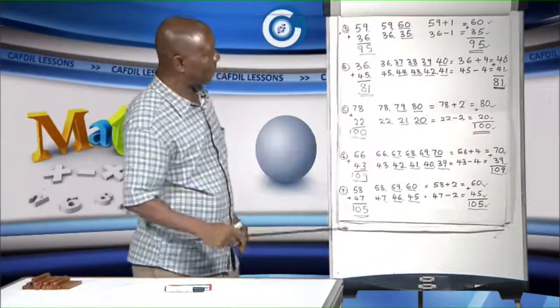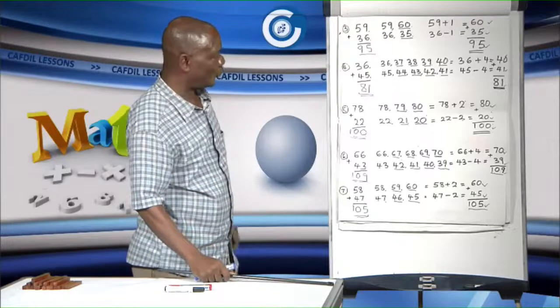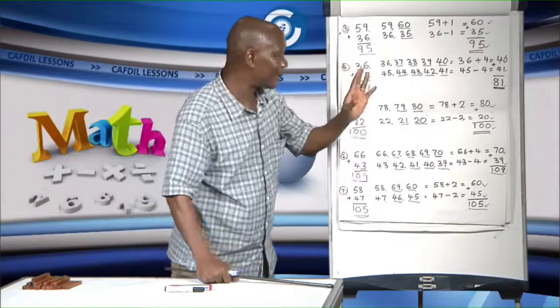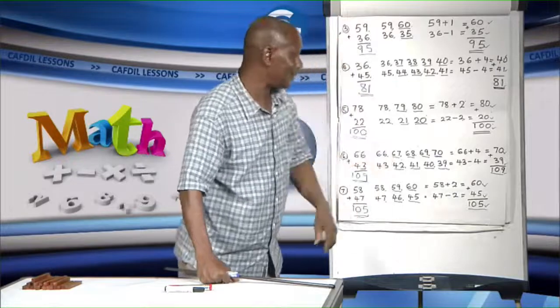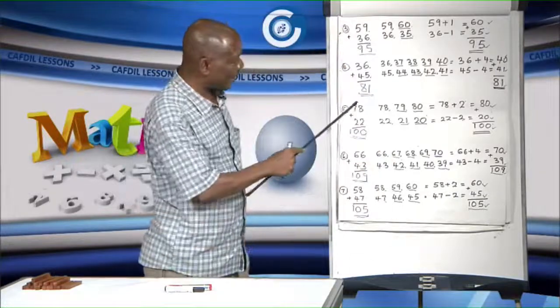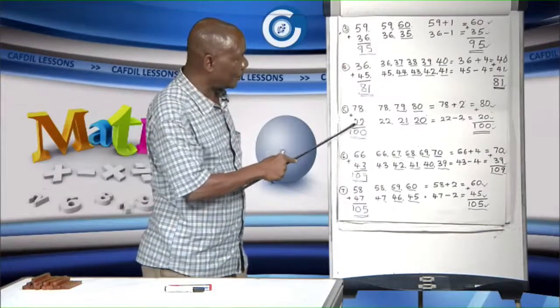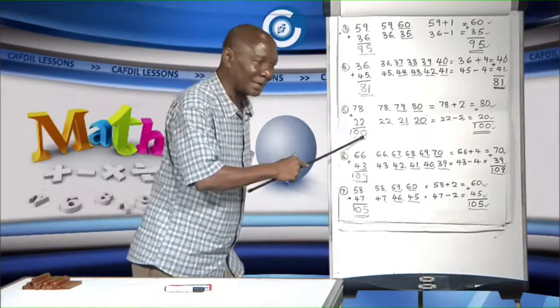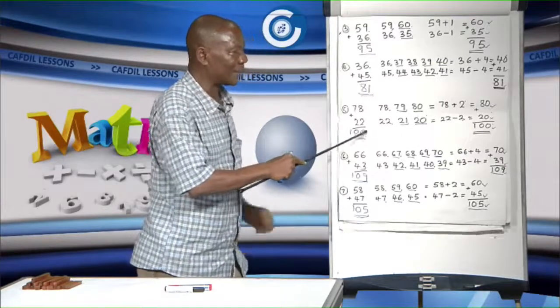Let's check with 78 plus 22 and 80 plus 20. 78 plus 22 gave us 100.